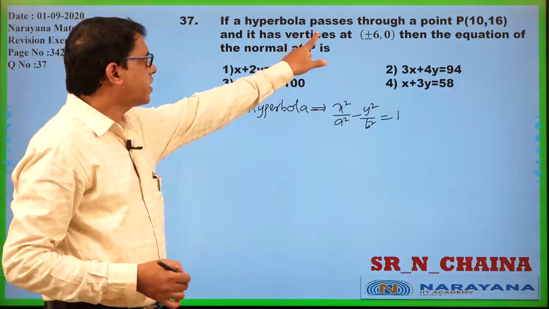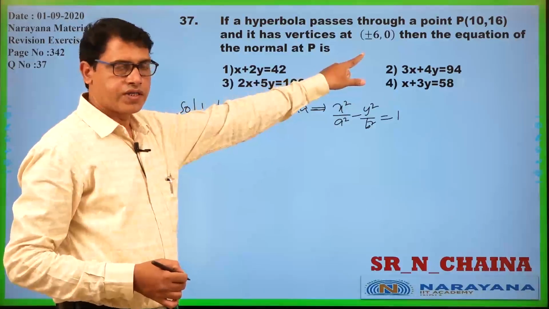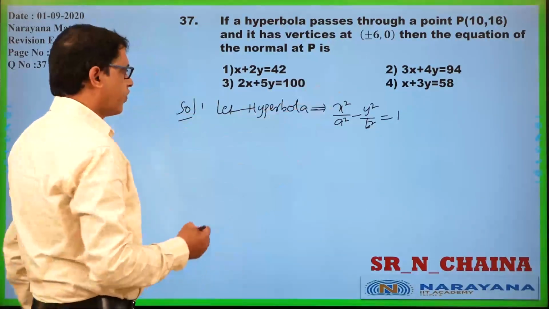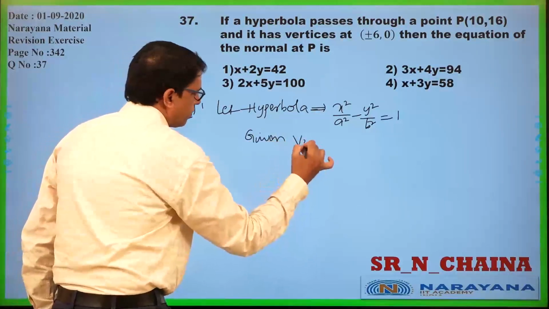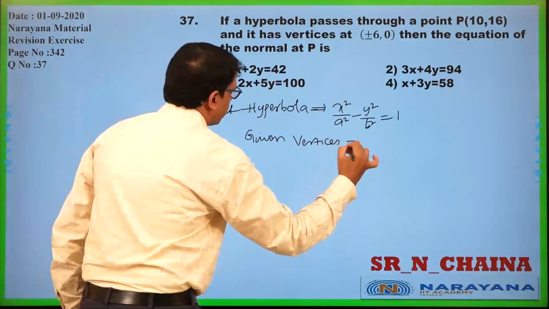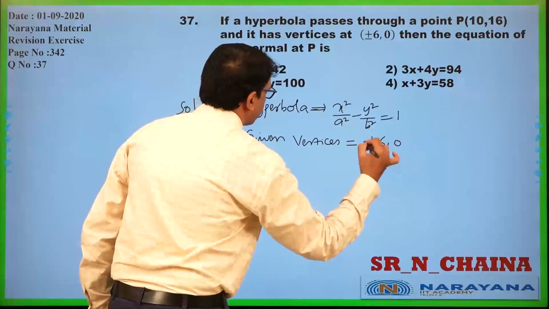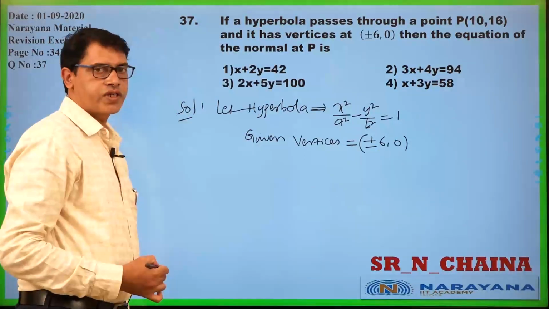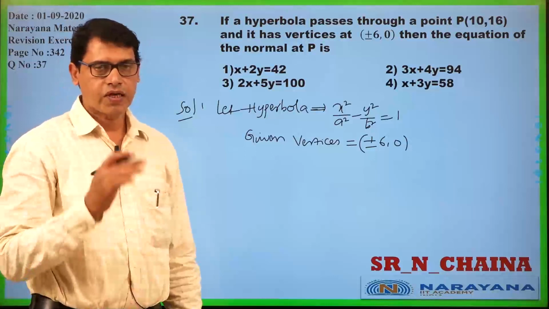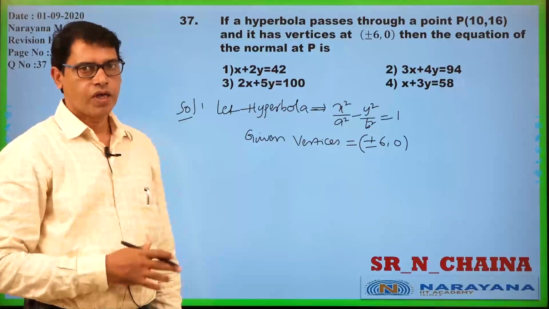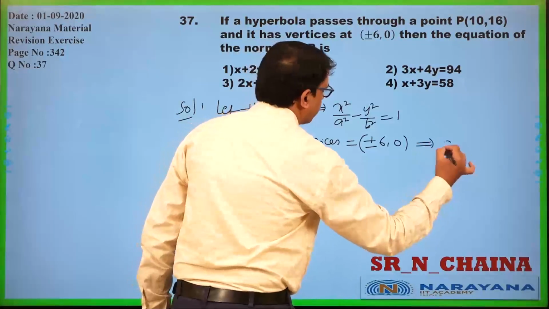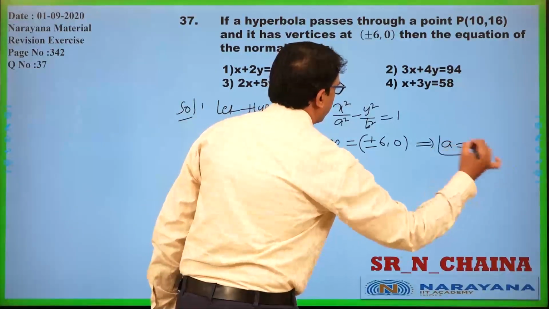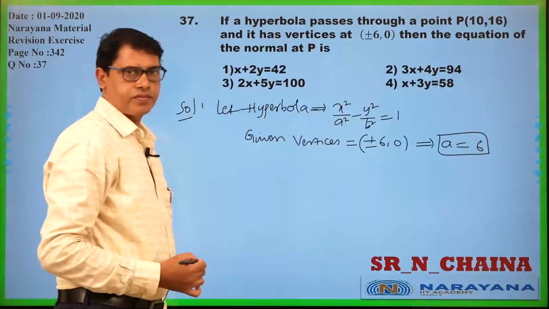The vertices are given: vertices equal to ±6, 0. Obviously the vertices are ±a, 0, so a becomes 6, therefore the value of a is 6.